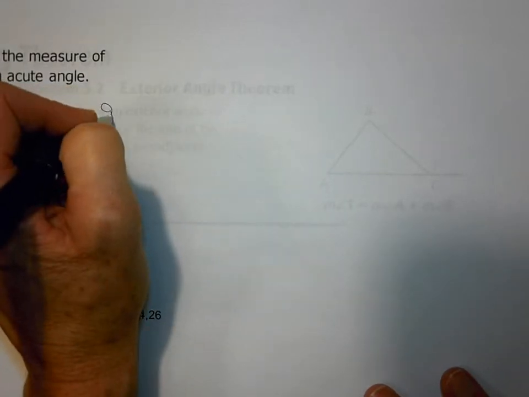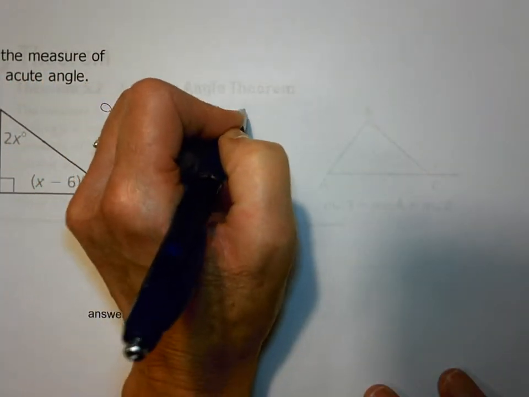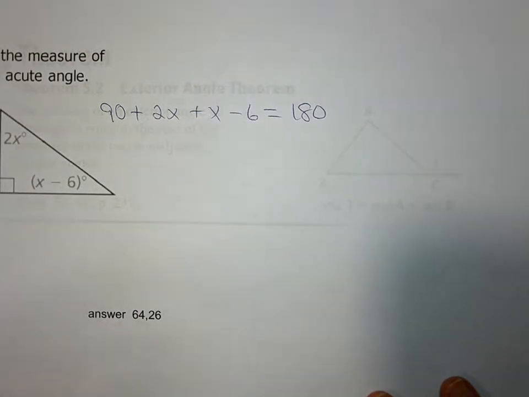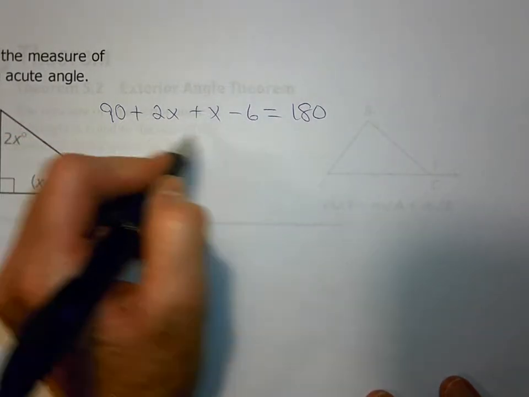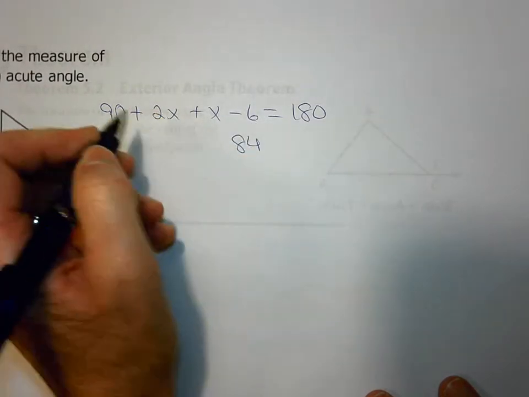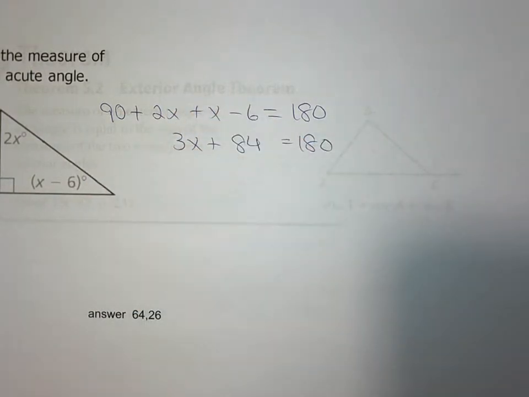You can either do 90 plus 2x plus x minus 6 and make it equal to 180 and solve that out. So if we do this, we're going to do 90 minus 6, so we're at 84, 3x, and 180.